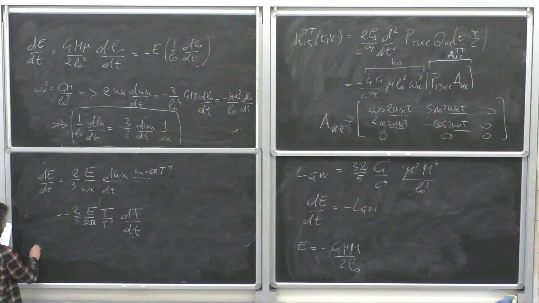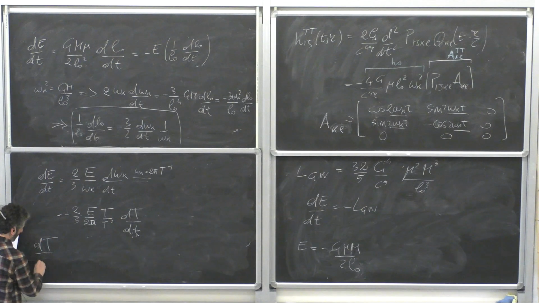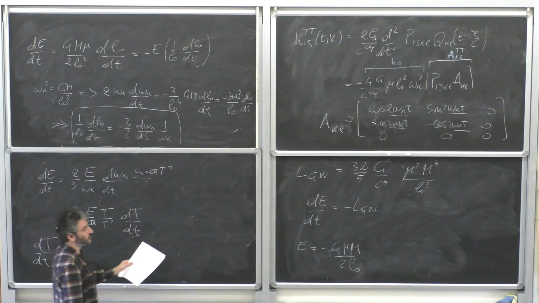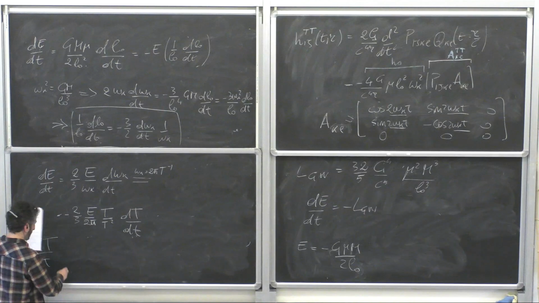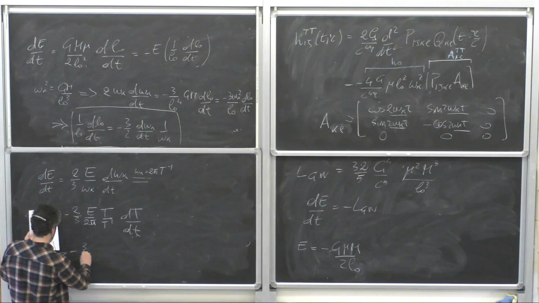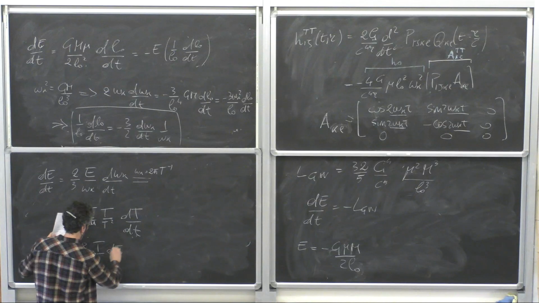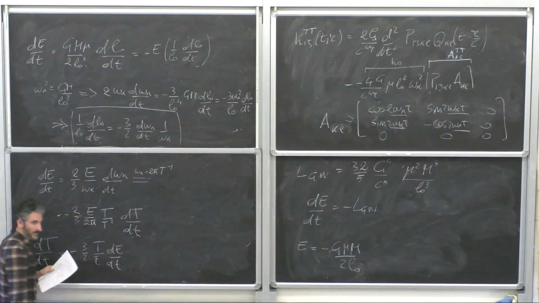And so I find that dT/dt, the variation of the orbital period with respect to time, because the system is losing energy to gravitational waves, is this.